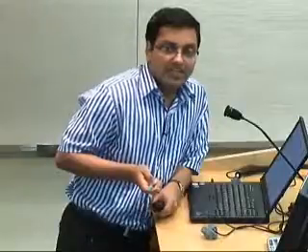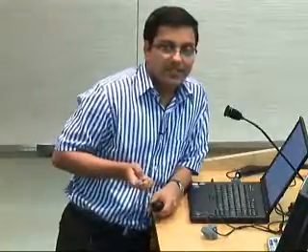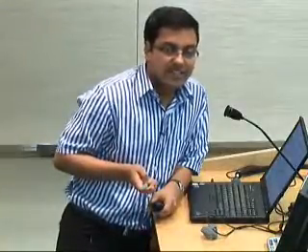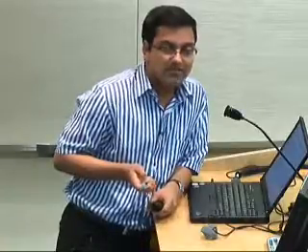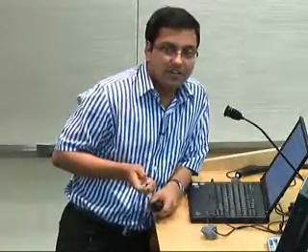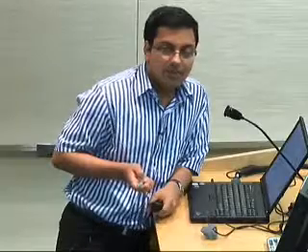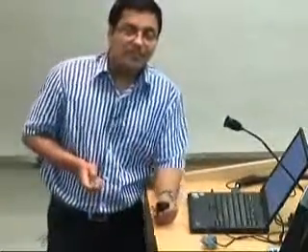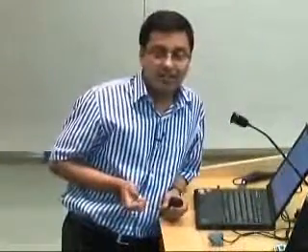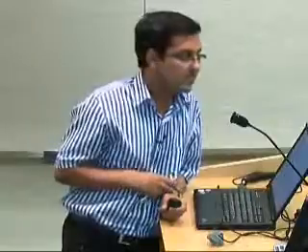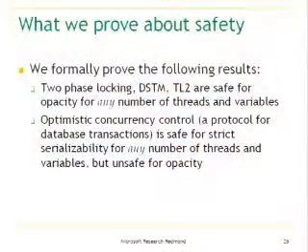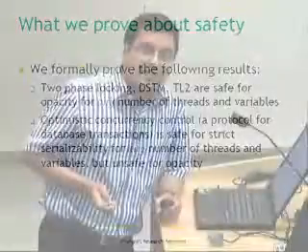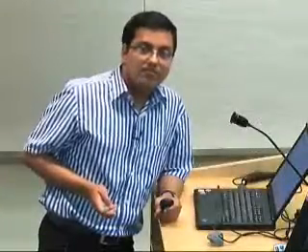That's why these symmetry properties do hold for TMs like DSTM, that is a dynamic STM by Herlihy, and TL2, and also 2-phase locking. So what we get from these symmetry properties is that it's really enough to prove the language inclusion for 2 threads and 2 variables.